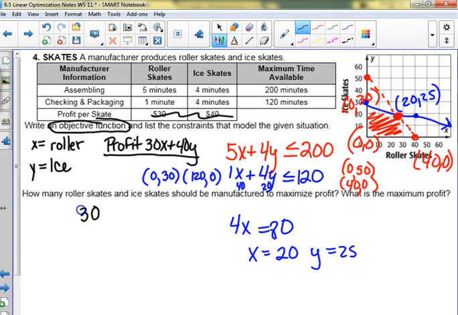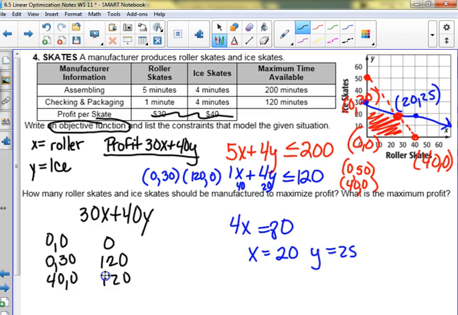So 30x plus 40y. 0, 0 would give us 0. 0, 30 would give us how much, guys? 120. 40, 0 would also be 120. And 20, 25 would give us 30 times 20 plus 40 times 25.